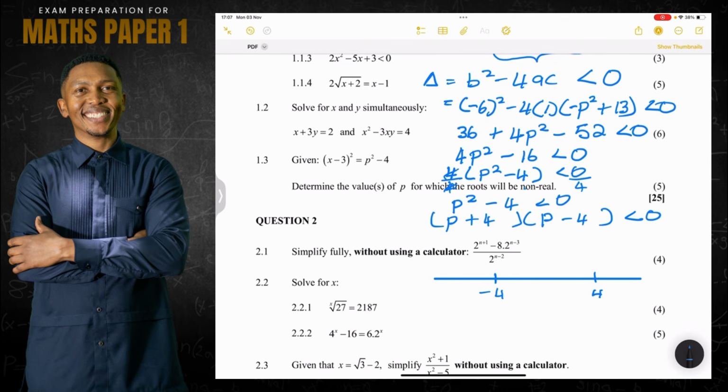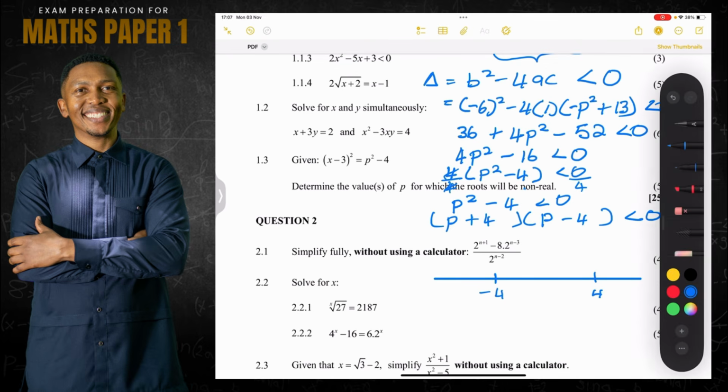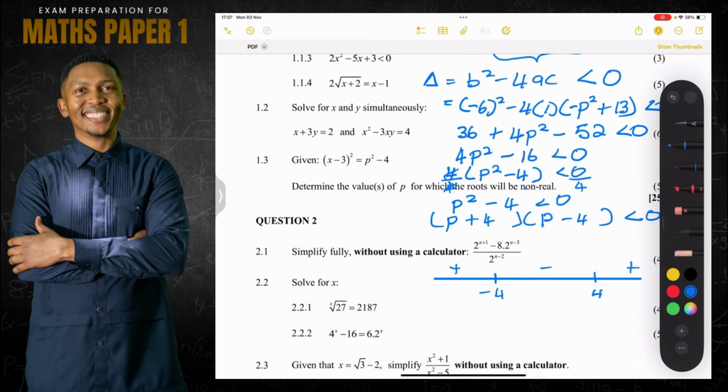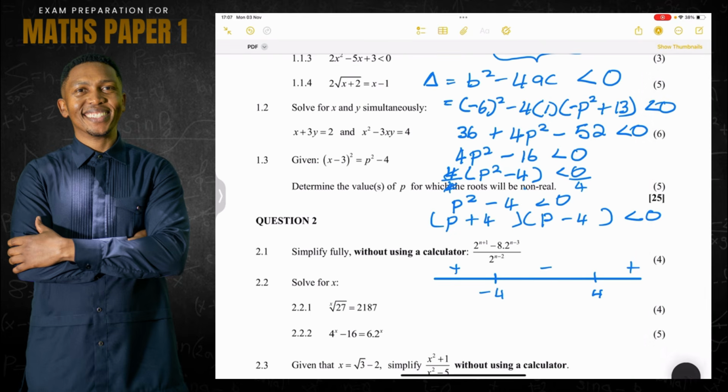Now, where is this graph less than 0? It's positive here, negative here, and positive there. It is less than 0 between −2 and +2. This is where the graph is negative.